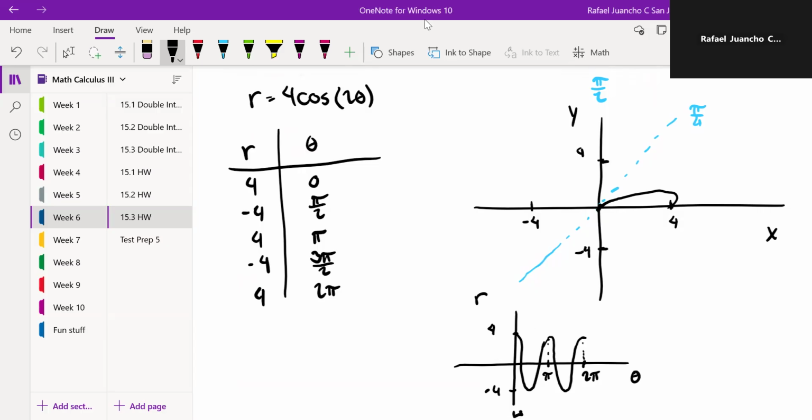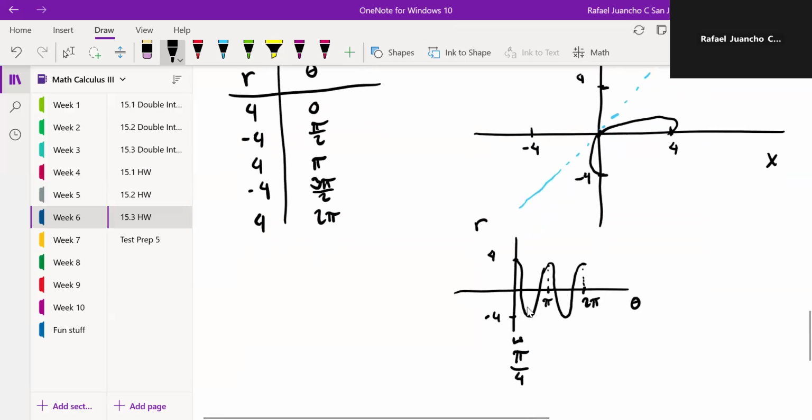Okay. So now I'm here, right? Because I went down negative 4 at pi half. And then I go back to the zero here.